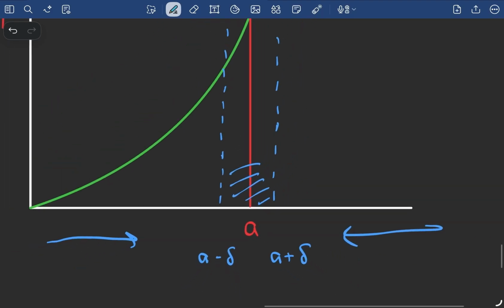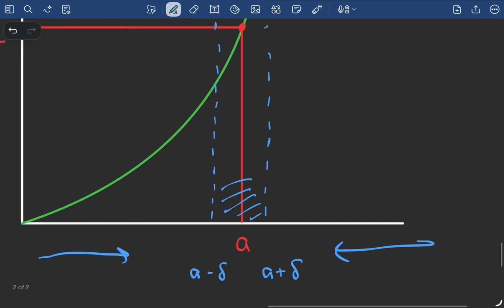So basically, x is going closer and closer, and so if delta is closer and closer to 0, then x is going to be within these two bounds.